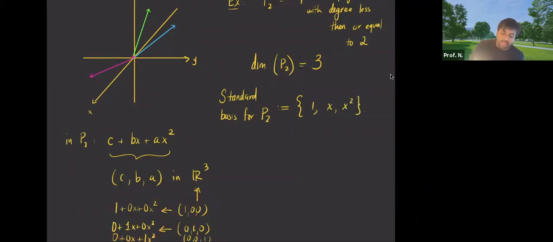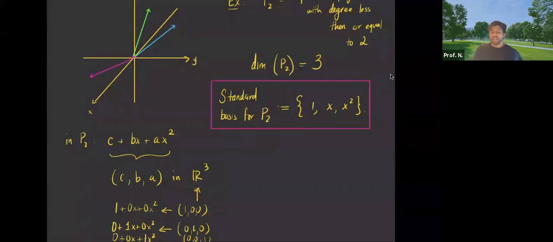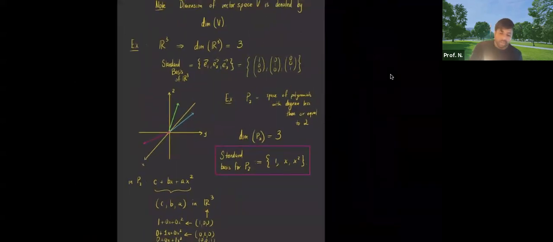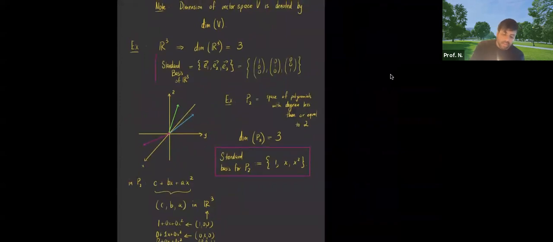I hope this makes sense now more than when you first were exposed to this idea of standard basis. So this is the standard basis for this, and this is the standard basis for this.